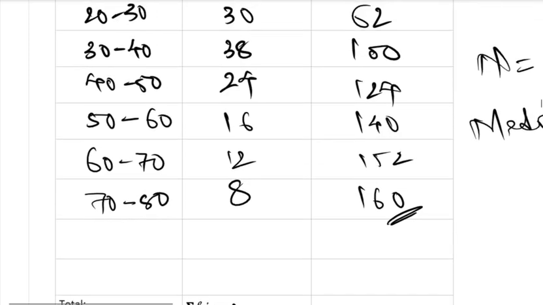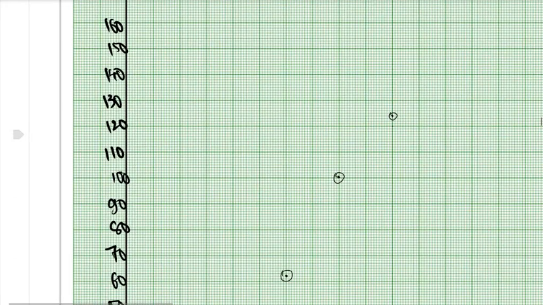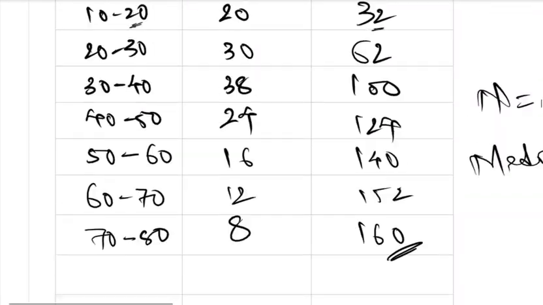Then 60, 140, 70, 152. 60, 140. 60 is over here, 140 is over here. 60, 140, 70, 152. 70, 152 and 80, 160.